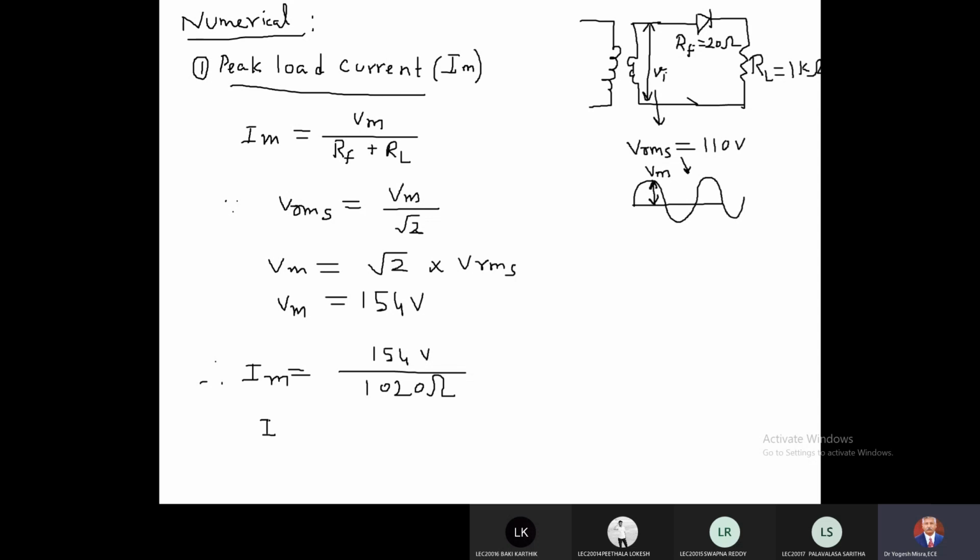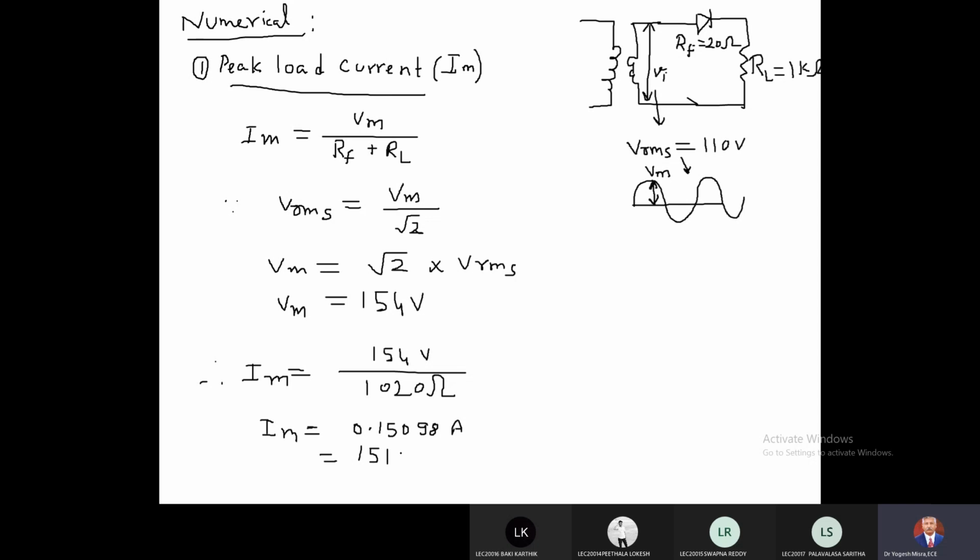If we calculate this, we will get 0.15098 ampere, or generally we mention this in milliampere, so it is 150.98 milliampere.